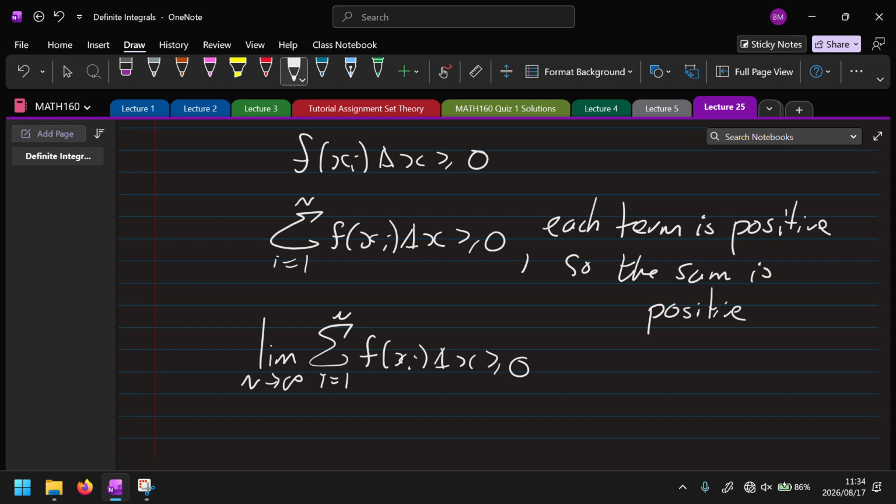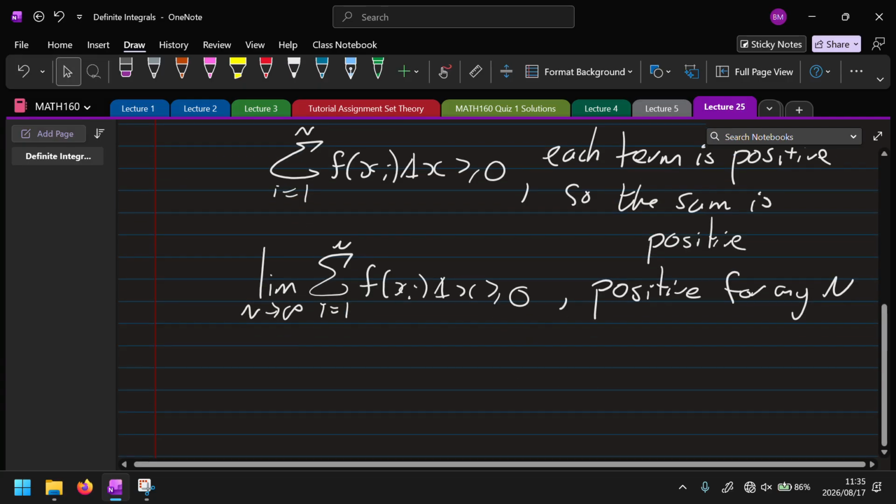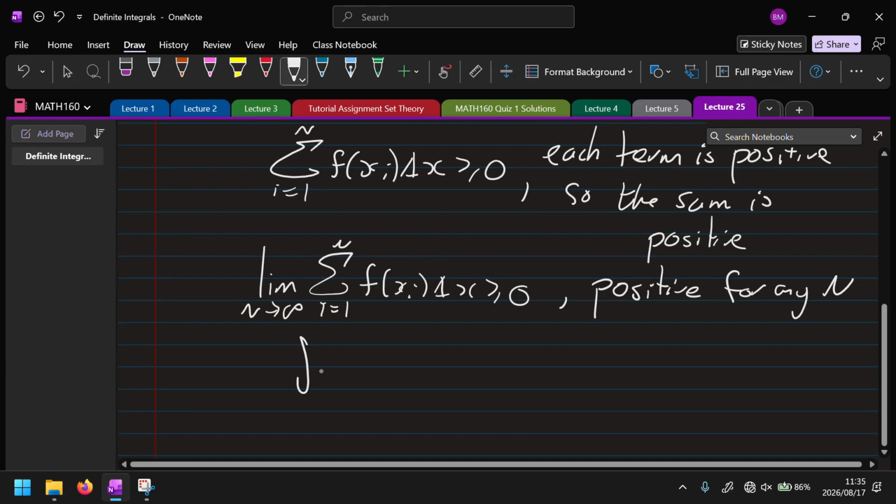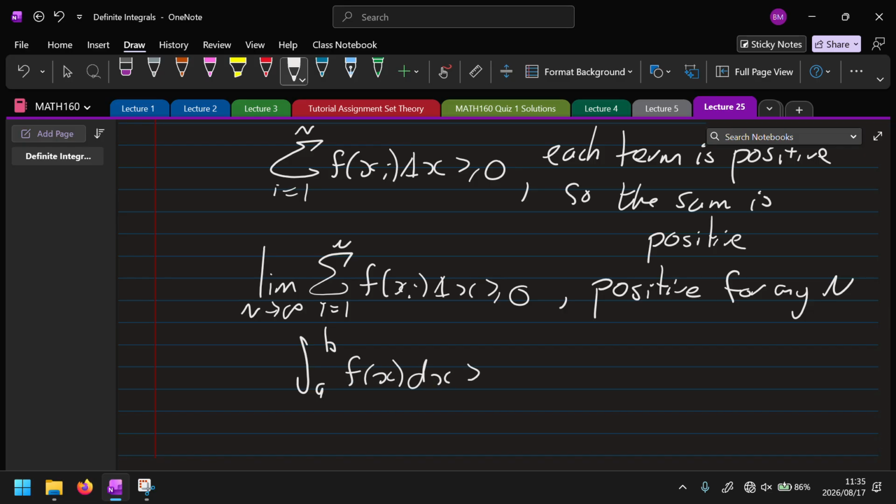Because that sum up to N there is always positive for any capital N. So if we take the limit, it's still positive. Good. And finally, what we built up there on the left-hand side is just the definite integral. Very simple.